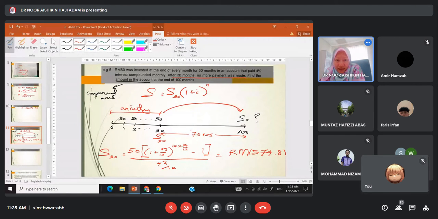You keep it for 70 months. So that becomes 1574.81 times 1 plus 4% over 12 to the power of, what is your n now? 12 times 70 over 12, or simply 70.